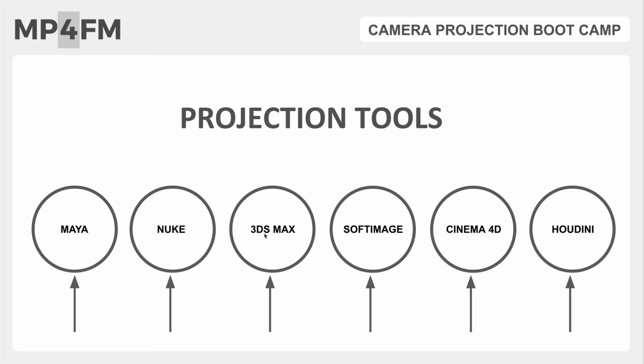I would say some of the least commonly used projection tools would be Softimage, because the software is not being developed currently, and Cinema 4D, although I do know that Sony has developed tools for Cinema 4D for their matte painters to use. And a new emerging application would be Houdini to be used for projections.